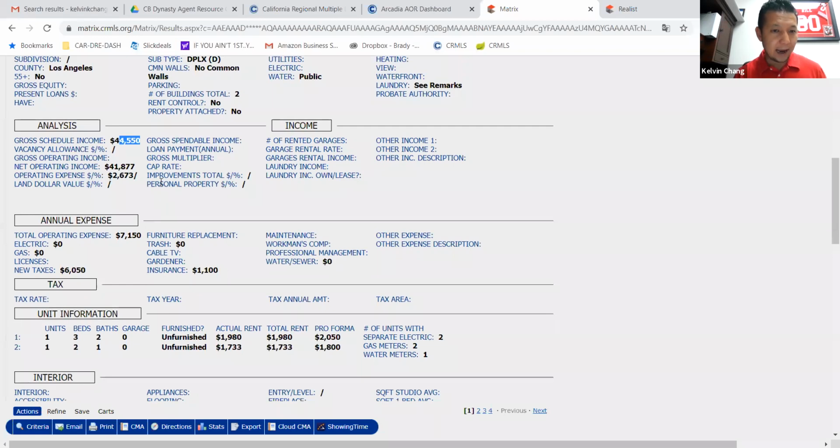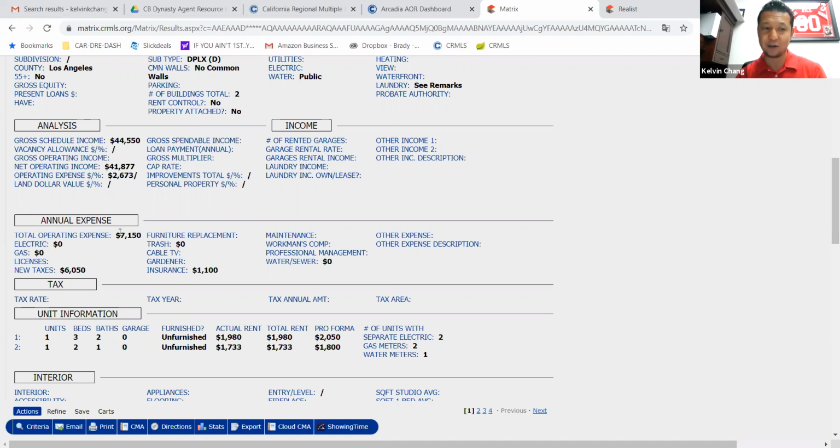Here's the problem I have with this. Again, this agent, when you look at the expenses, they say the operating expenses is only $7,150. Okay, they say they only pay for insurance of $1,100 and taxes of $6,050. So on face value, they only have $7,150 of expenses.